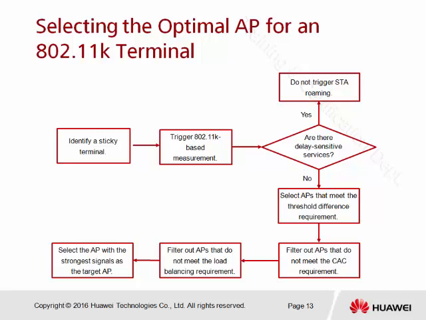When the AP is not in load balancing, they are able to perform the roaming here. Then the last one, they select the AP with the strongest signal as the target AP. They always steer the STA to the better signal strength AP, because this is the purpose of smart roaming.